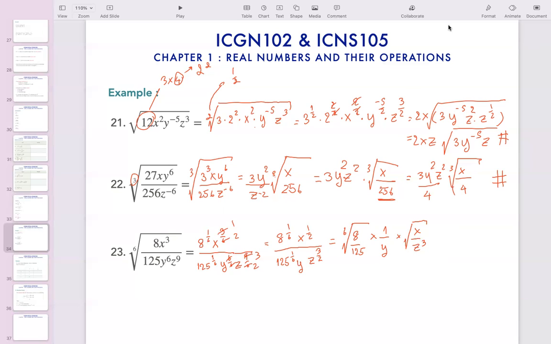Or I can rewrite it to be the 6th root of 8/125 times the square root of x over z cube, then altogether over y.